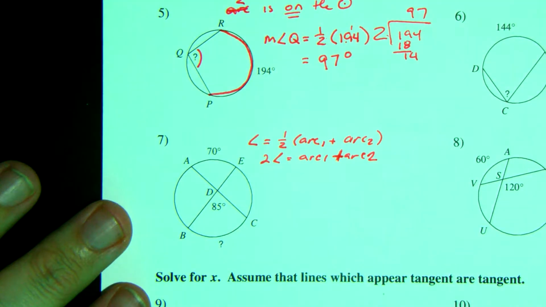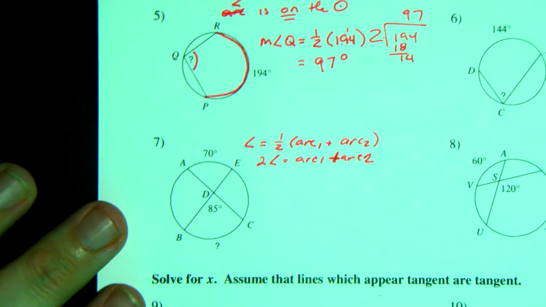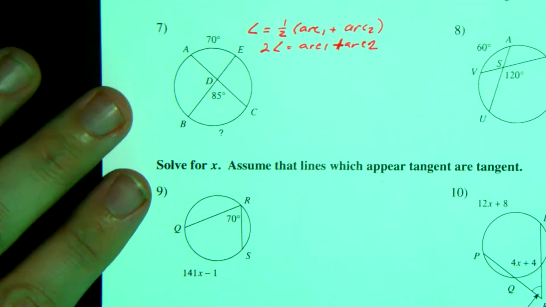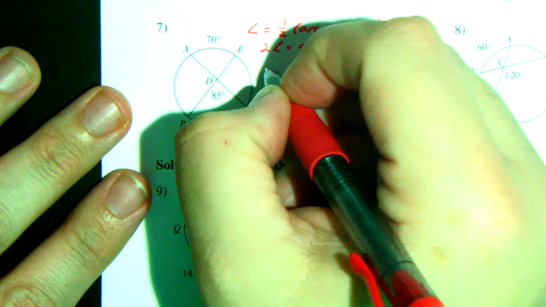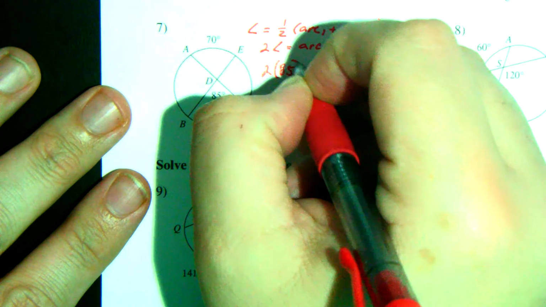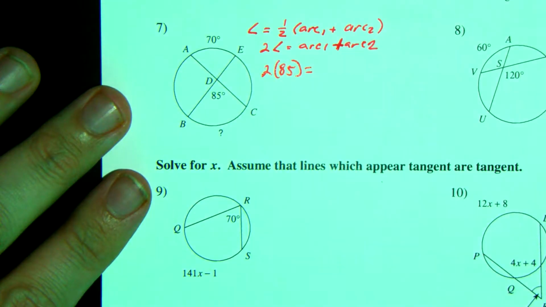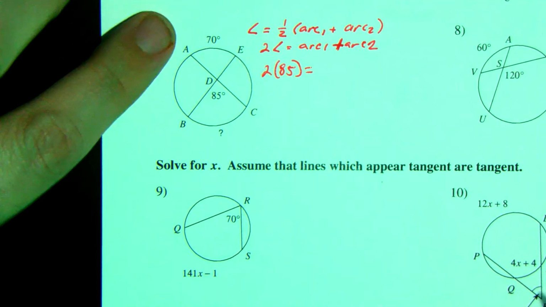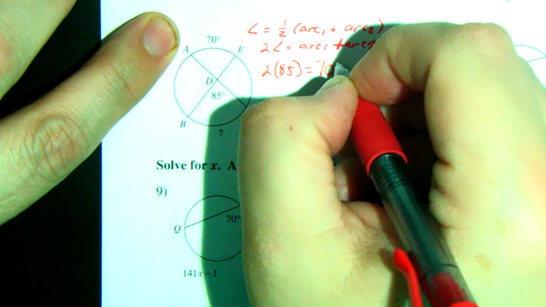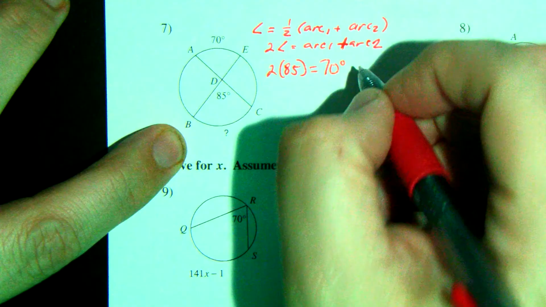Well, how much is the angle? 85 degrees. So I know 2 times 85 is going to be equal to, do I know one of the arcs? Yeah, it's 70 degrees. Do I know the other guy? No. So I'll just put an X there.